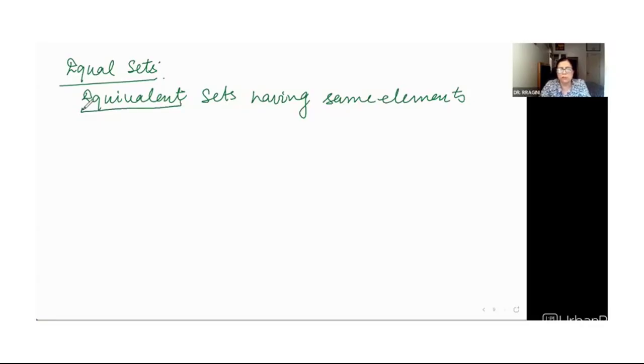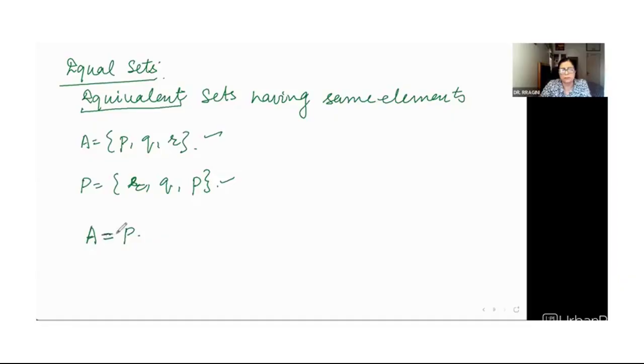Now, if we make the elements equal, like A is these 3 elements, and set P becomes R, U, P. I had told you in the beginning, the order of elements does not matter here, right? Even if they are written in different order, these two sets are exactly equal. Set A is equal to set P. These are equal sets.